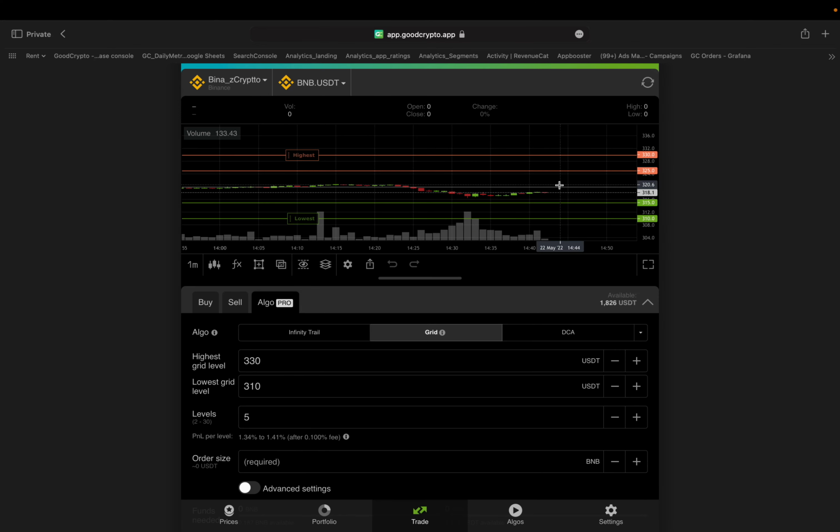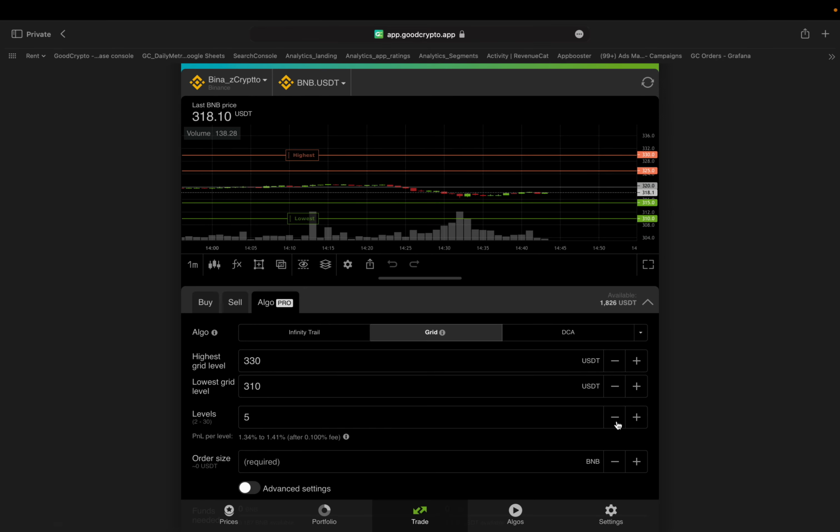So the distance the price should travel for the grid to work is the distance between the levels. It's this distance or this distance. For example, if the price moves up to here and the sell order executes, a buy order will be placed on this level that is currently empty. That means you need the price to move this distance for the grid to trade, and consequently, if you increase the number of grid levels, remember the highest and the lowest level stay constant.